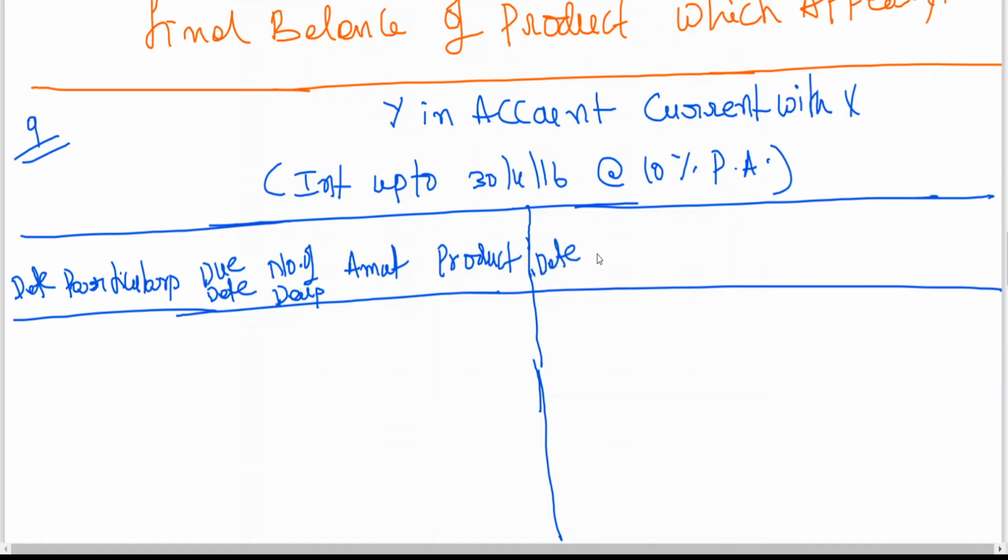Again date, particulars, due date, number of days, amount, product. Okay.